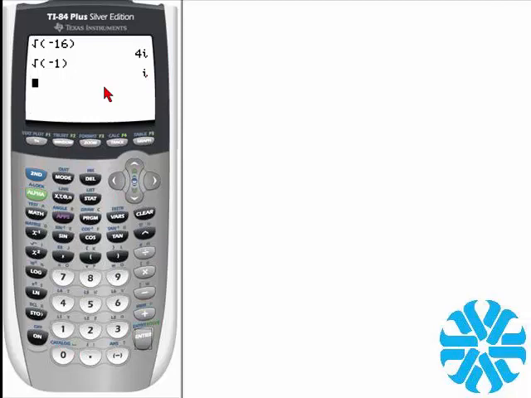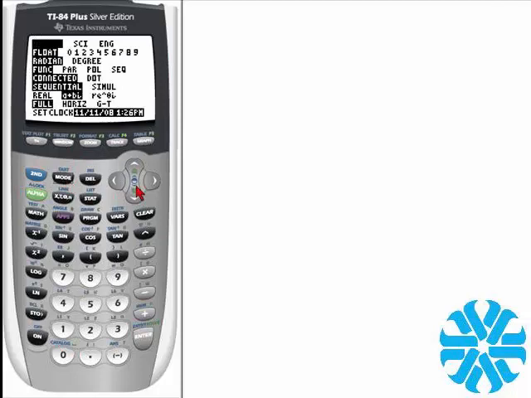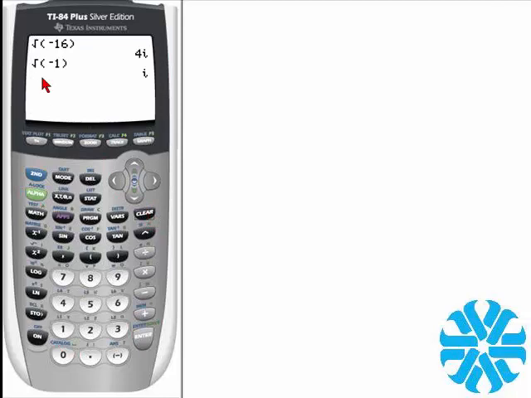Now let's go back to the mode key and go back down, and let's put it in the real mode. Select enter, and then let's clear the screen. Now let's see what would happen if we tried to compute the square root of negative 16 in the real mode.